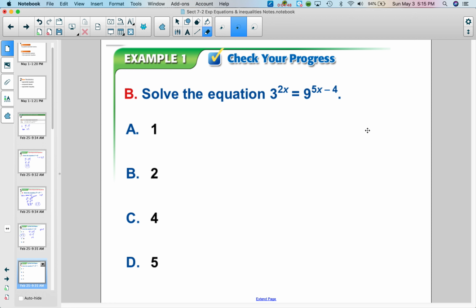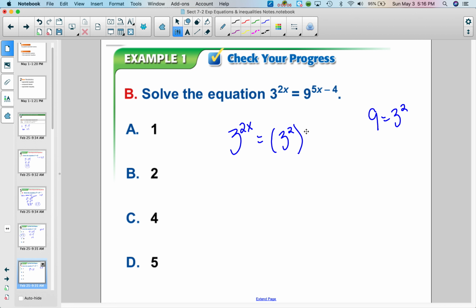Okay, go ahead and try this one. Pause it and try it. Okay, so I'm not going to do anything to the left-hand side. So I have 3 to the 2x. I'm going to change the 9 to 3 squared. So I get 3 squared raised to the 5x minus 4.